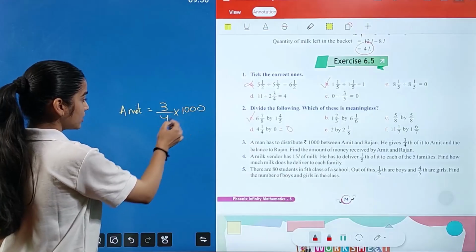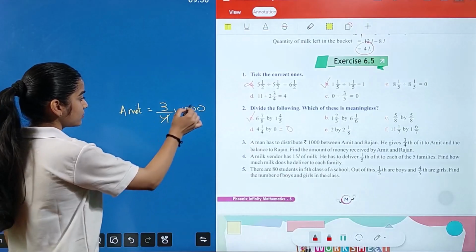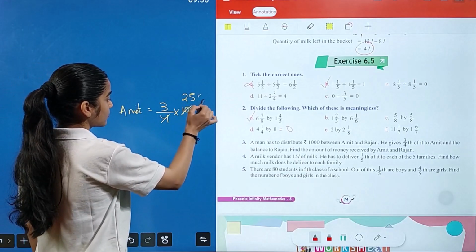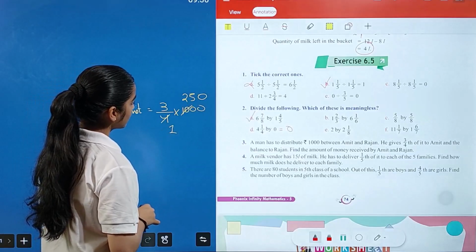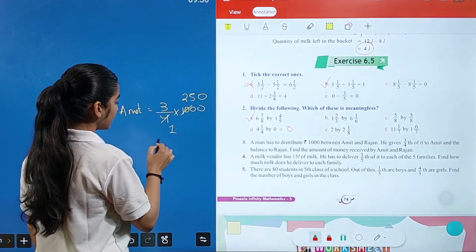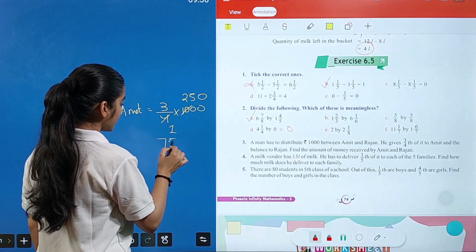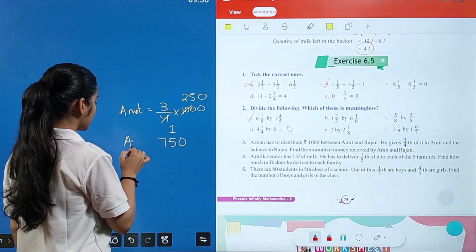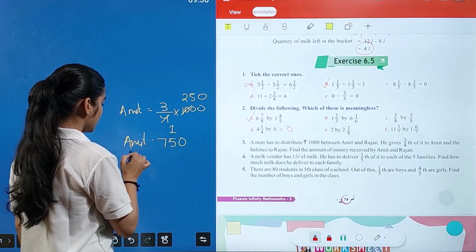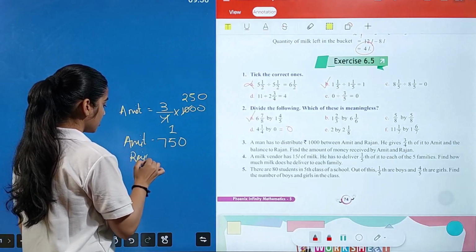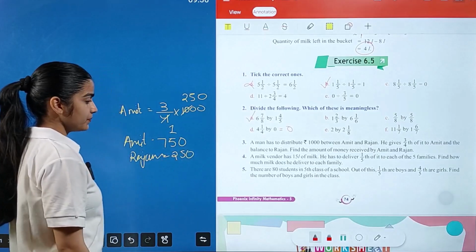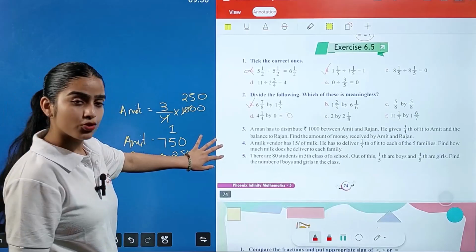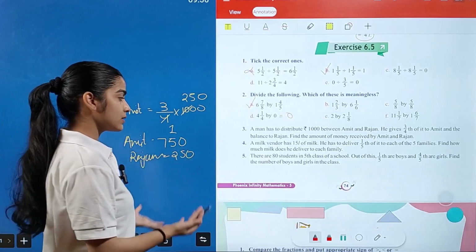So 3/4 of 1,000: 250 multiplied by 3 is 750. So Amit has 750 rupees and Rajan has 250.